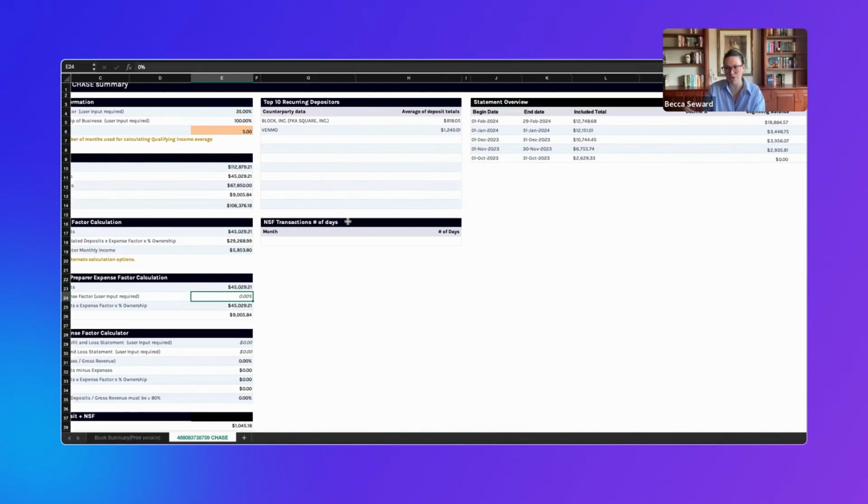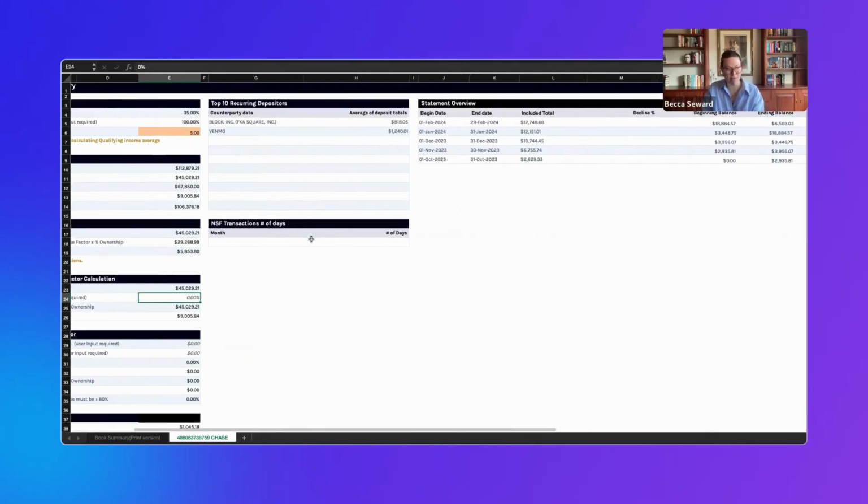That could lead to 3 or 4 separate NSF transactions, but lenders only really care about the number of days in which an NSF transaction occurred rather than each individual occurrence. So that is what is different about this new table. We will only look at the number of days in which an NSF transaction occurred instead of each individual occurrence.